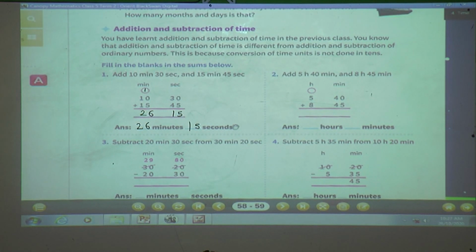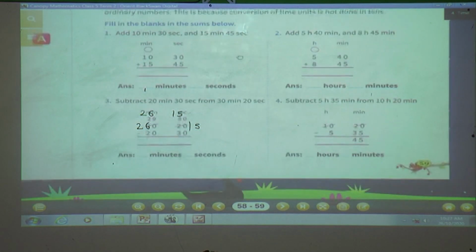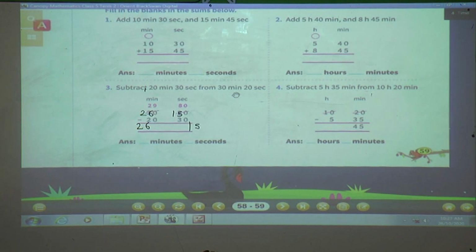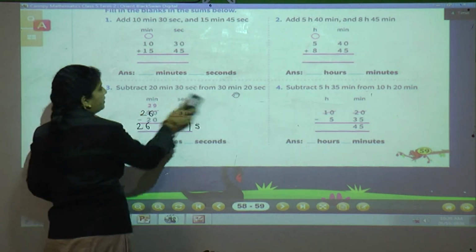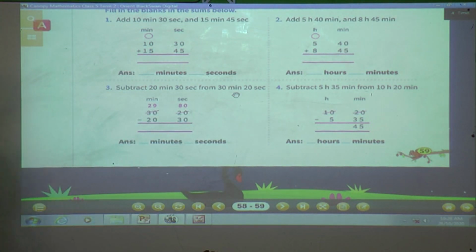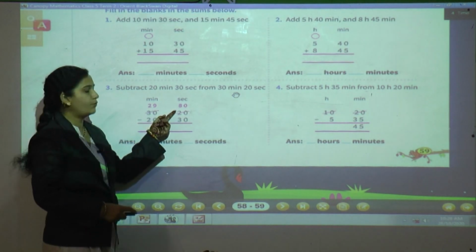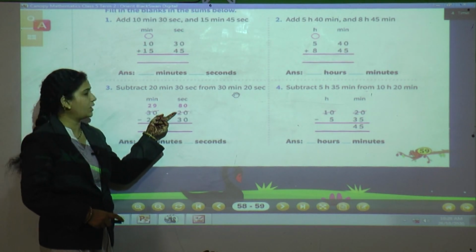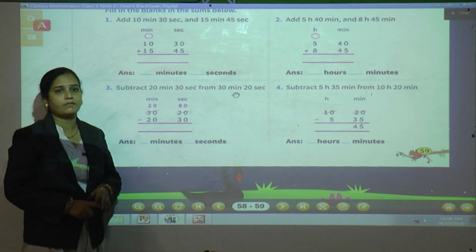Now for the subtraction, see, subtract 20 minutes 30 seconds from 30 minutes 20 seconds. See students, we can't subtract 30 from 20. Okay, but here they have given 80. Why?